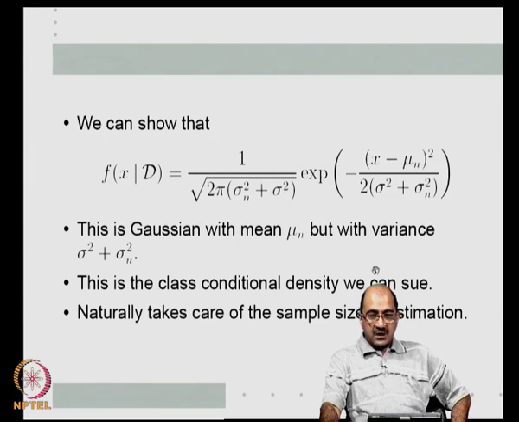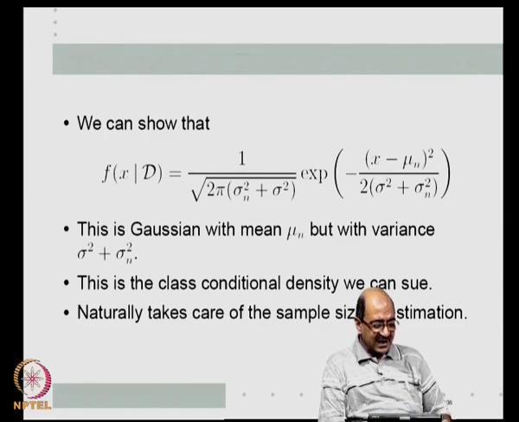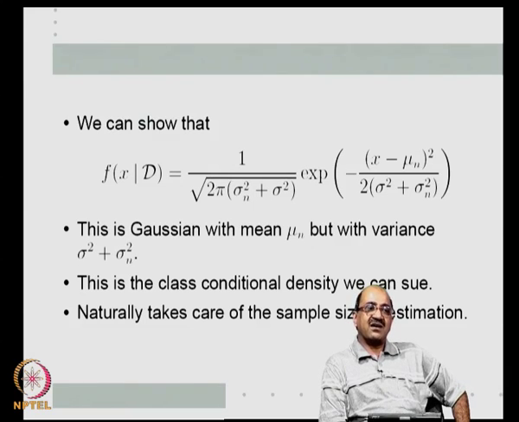Okay. So, this is one example. Of course, as you can see, when we derived the ML estimate, we actually took a problem where both the mean and variance of the Gaussian are unknown.